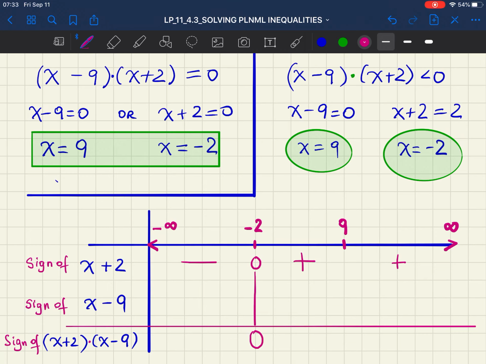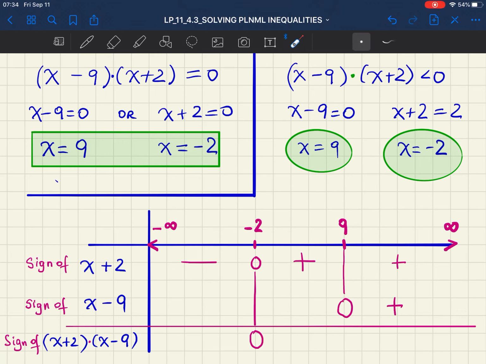Now we're taking a look at x minus 9. We're going to say that x minus 9 will be 0 if x equals 9. For values of x bigger than 9, think about 10, 11, 12. So we have 10 minus 9, 11 minus 9, 100 minus 9. So x minus 9 will be positive.